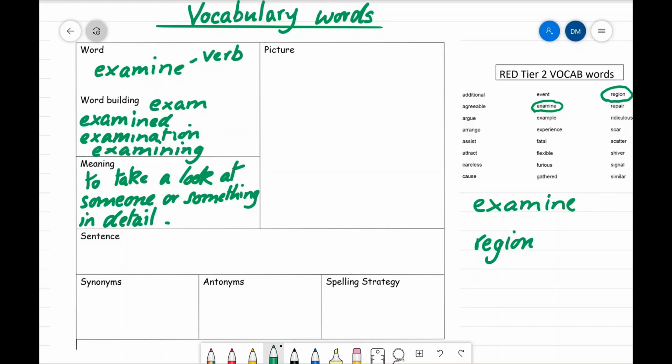Well, let's see if we can put this word into a sentence, examine. And I can use any of the word building versions that I've got underneath word building for this as well. I'm going to use the past tense.